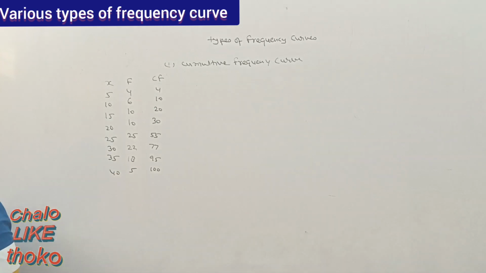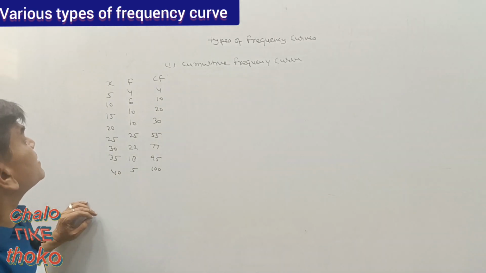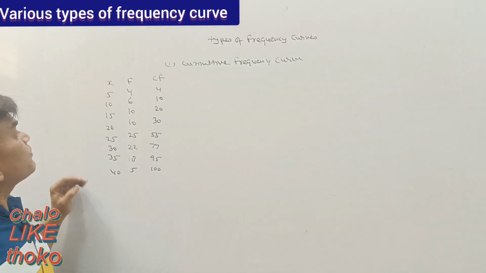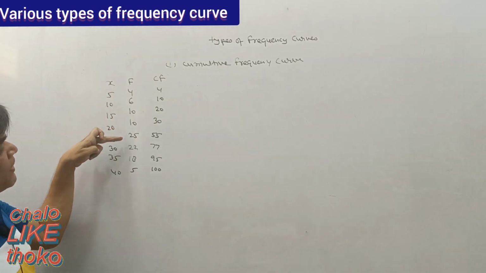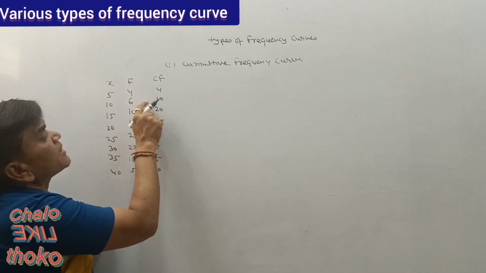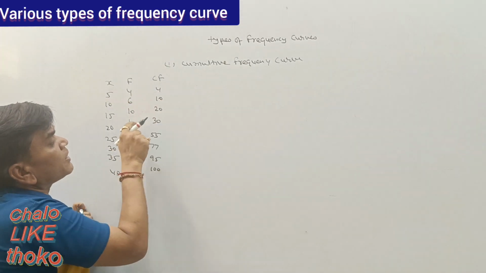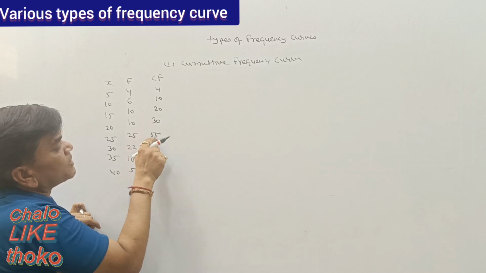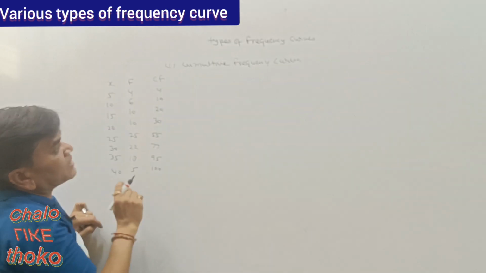So this is our frequency: 4, 6, 10, 10, 25, 22, 18, 5. Getting the cumulative frequency: 4 plus 6 is 10, 10 plus 10 is 20, 20 plus 10 is 30, 30 plus 25 is 55, 55 plus 22 is 77.